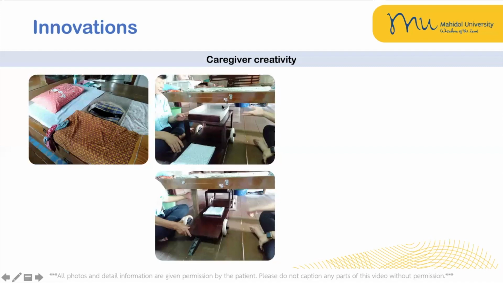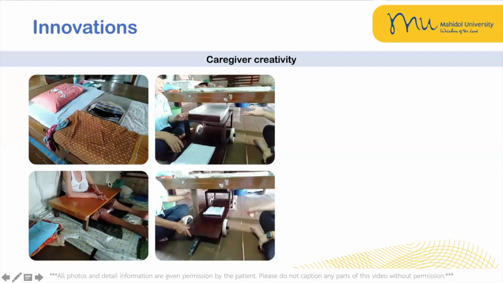When she wants to remove it for cleaning, she can use this trolley to bring it out. So she can save her back and has no need to climb under the bed to get the tray. Moreover, she also created a table for her mom that gives her mom more stability in eating the meal by herself.